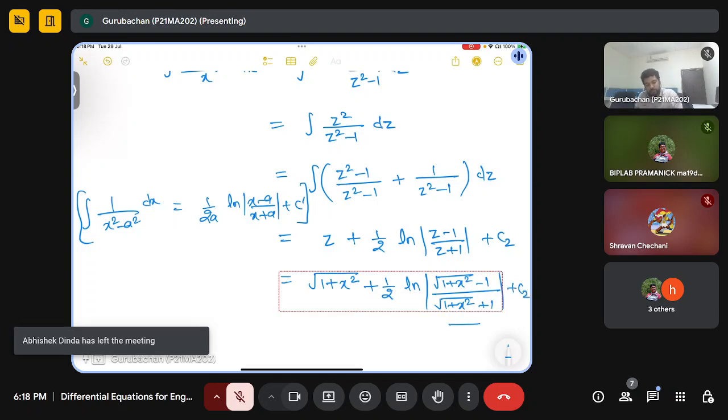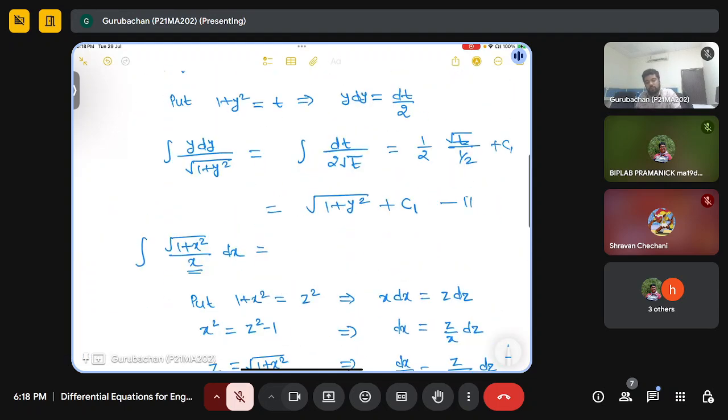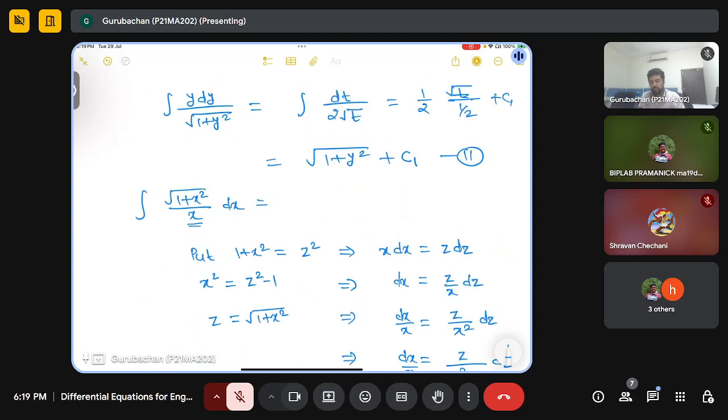Suppose this is your third one, this one is your second one, and this is your first one. We have found out the value of this integral, and we can put it directly into this.